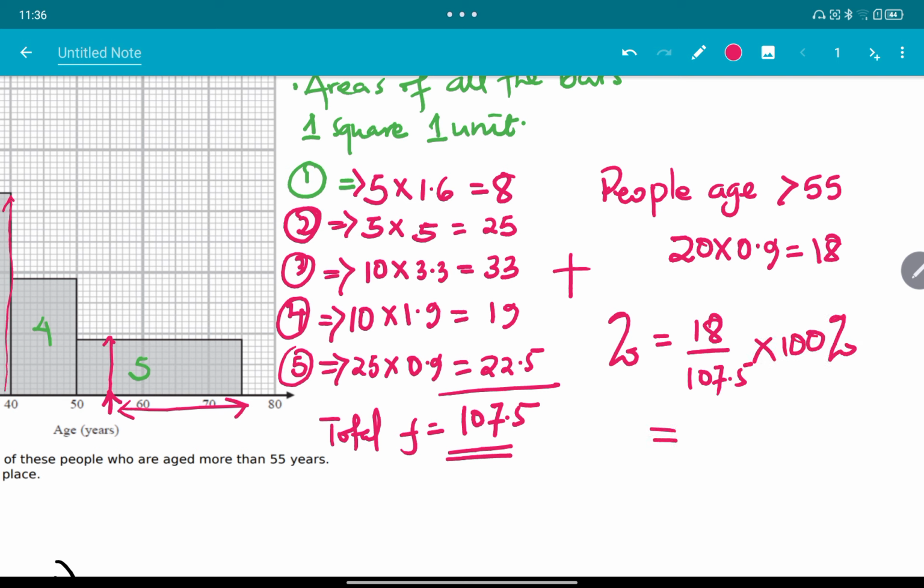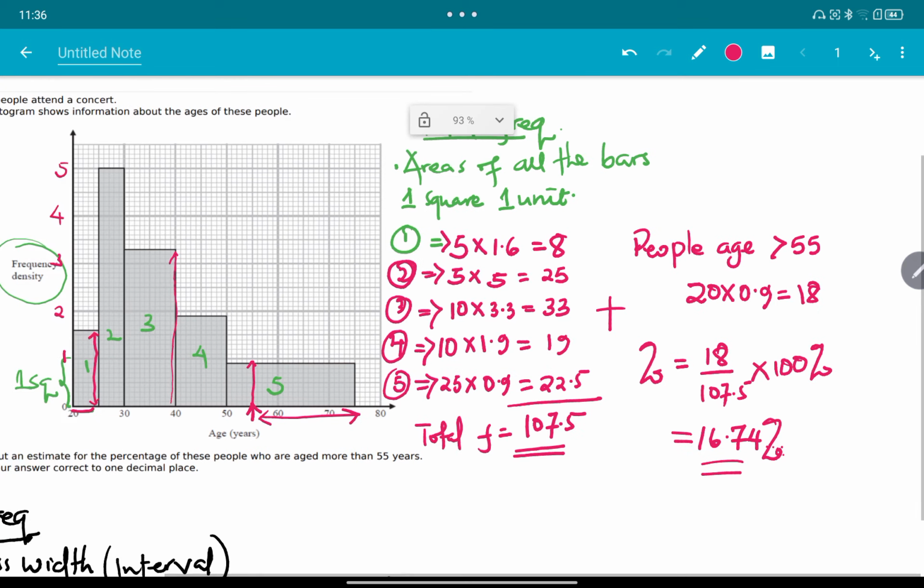So when you take 18 times 100 and then divide by 107.5, you get 16.74 and many other numbers, but we can round it off at that point to be 16.74%.